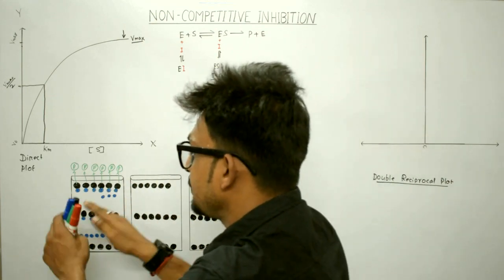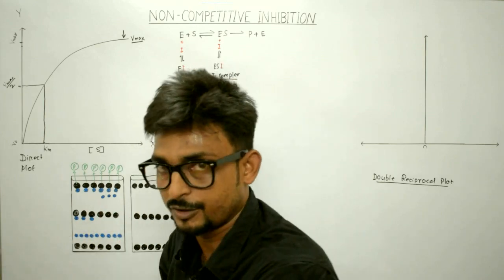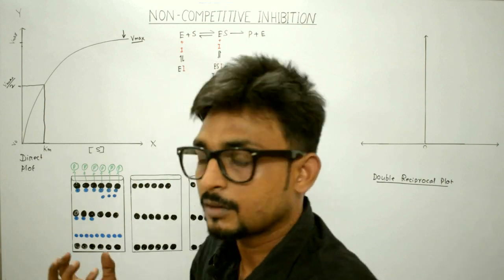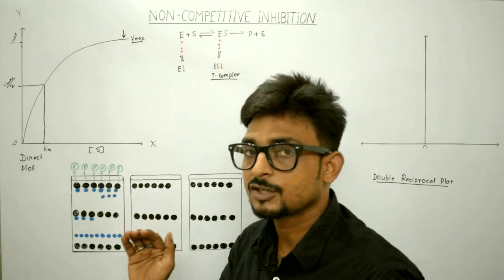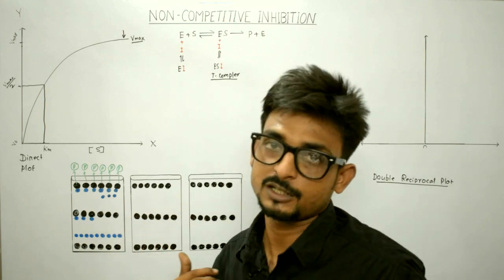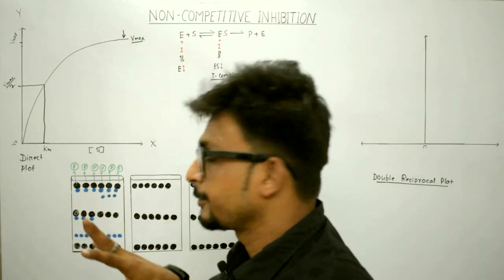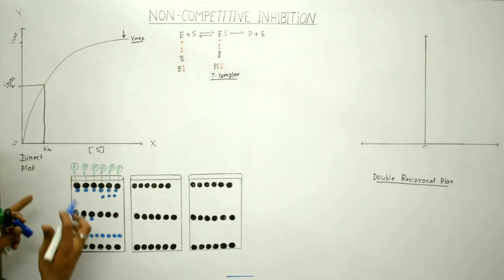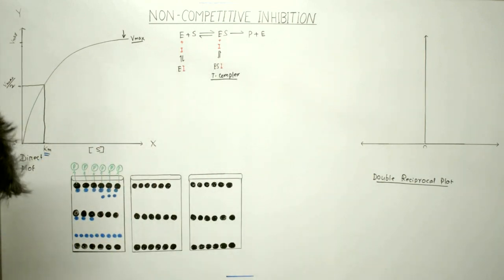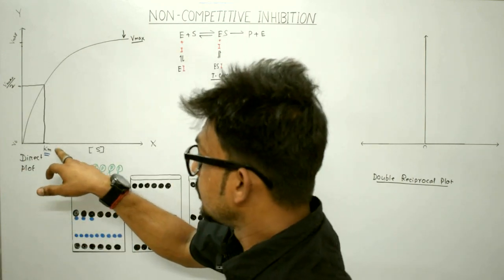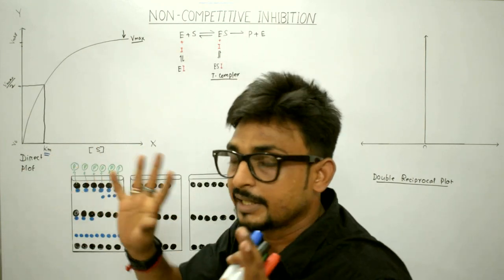It means half of the enzymes are now free and half are saturated with the substrate, and that concentration of the substrate is actually responsible for making the reaction reach half of its maximum velocity. So these 1 to 3 enzymes are representing the concentration of the substrate that is the Km. Okay, so that concentration is represented here as Km.